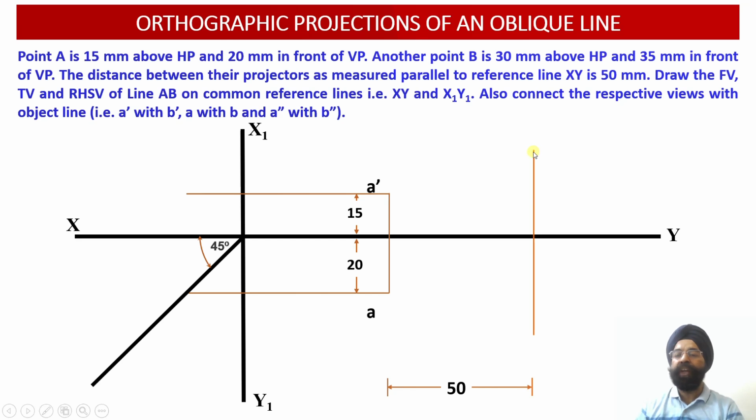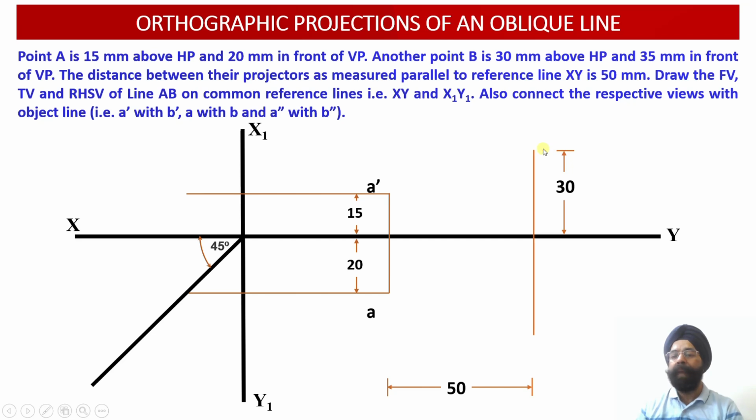Now we are going to plot the location of the point B in the front view projections over here. We know that this point B lies 30 millimeter above the horizontal plane. So we are going to mark a distance of 30 millimeter above the XY reference line, or above the horizontal plane over here.